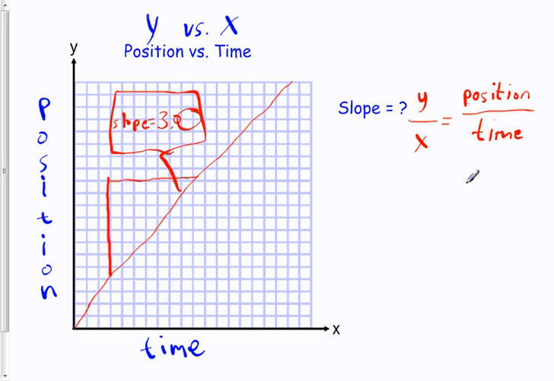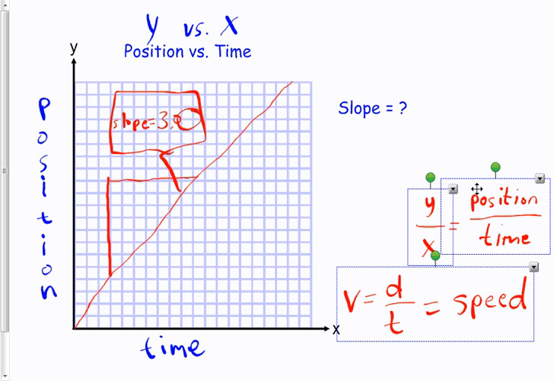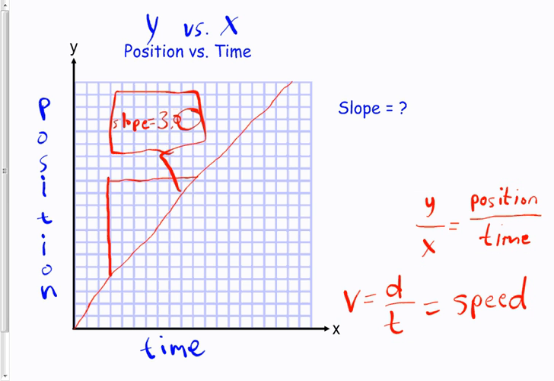So one way that we can think about that is it's similar to distance over time, and we know that from our equation v equals d over t, that represents our speed, basically. Okay? So, all this mess aside, we want to remember that slope for a position versus time graph equals speed.